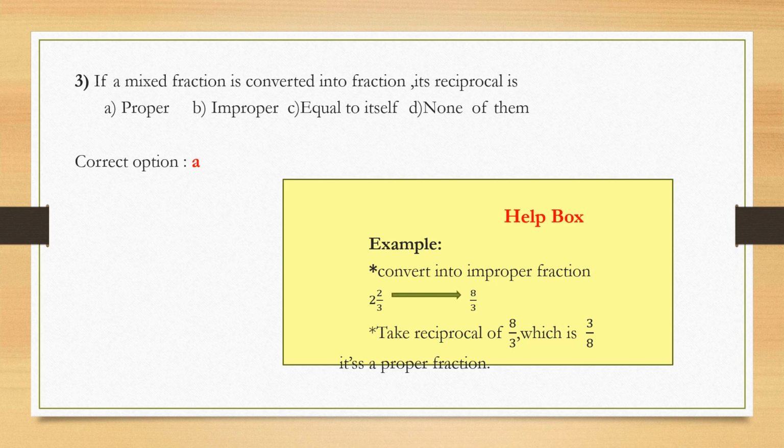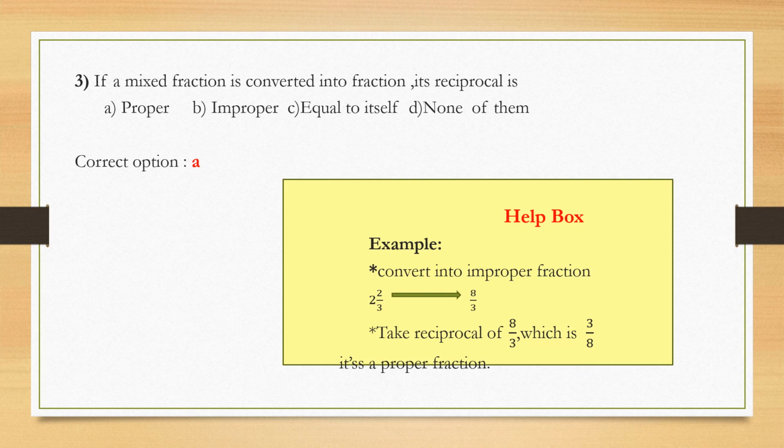If a mixed fraction is converted into a fraction, its reciprocal is. So the first step will be the mixed fraction. Let's understand in a better way with an example. Say I've taken the example 2 whole 2 upon 3. I'm converting this into an improper fraction. So I get 8 upon 3.